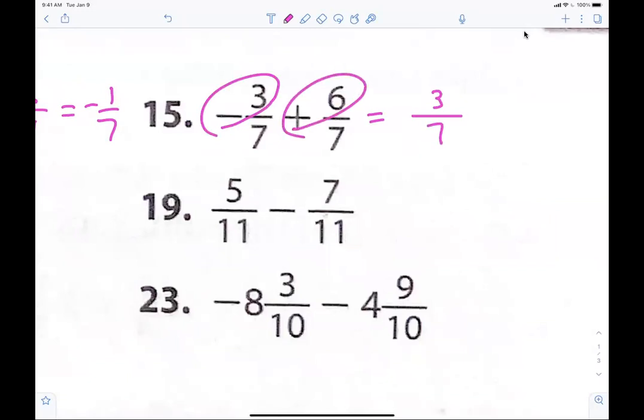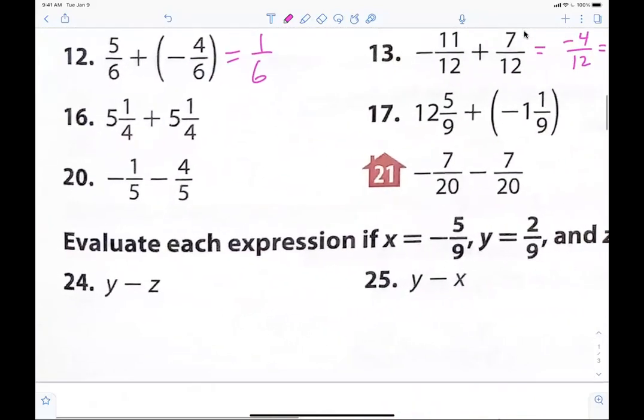Which one's bigger, the 6 or the 3? 6. So it's positive. Or when I first did this, I just switched the order and made it 6 minus 3. Remember, keep concentrating. That'll be 3/7. Yep, 3/7. All right, we're just going to go on the other side now.